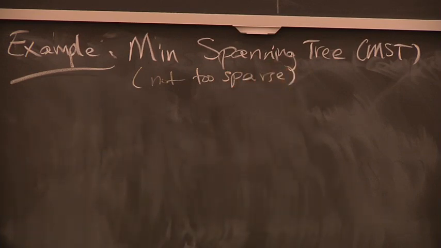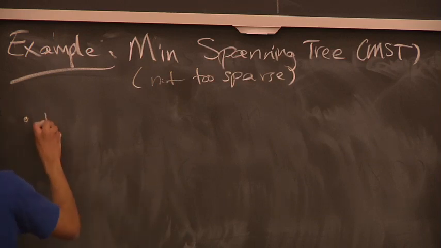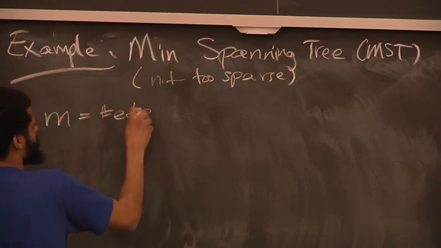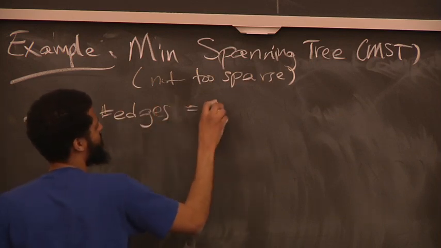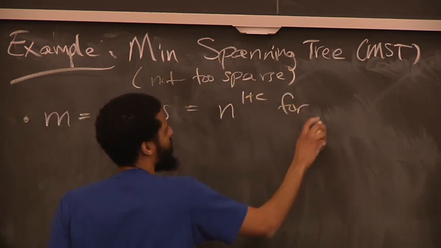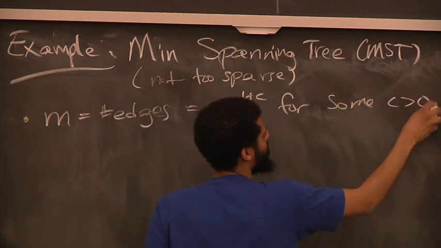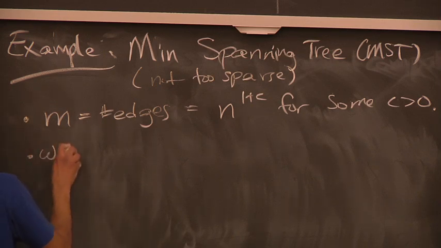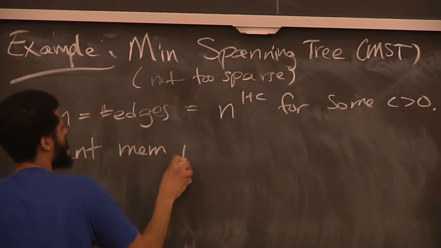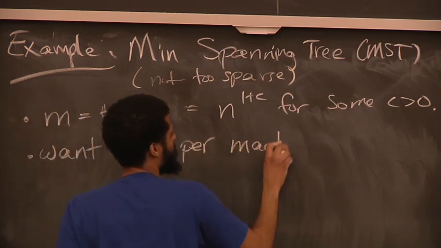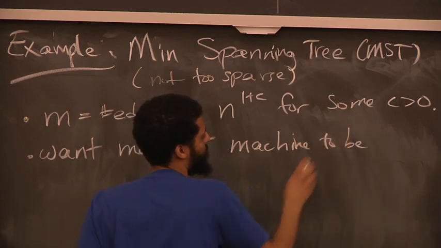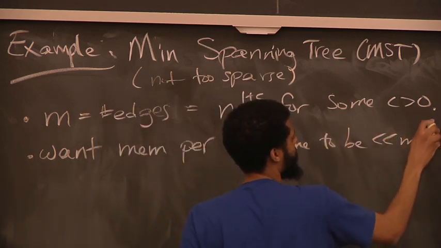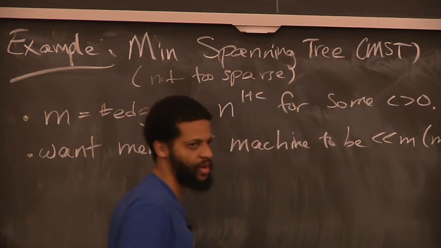In particular, I want to look at the case where m, the number of edges, is n to the 1 plus c for some c bigger than 0. So I have more than just a linear number of edges. And what I want is the memory per machine to be much less than m, say something that's at least like m to the 1 minus epsilon for some positive constant epsilon.